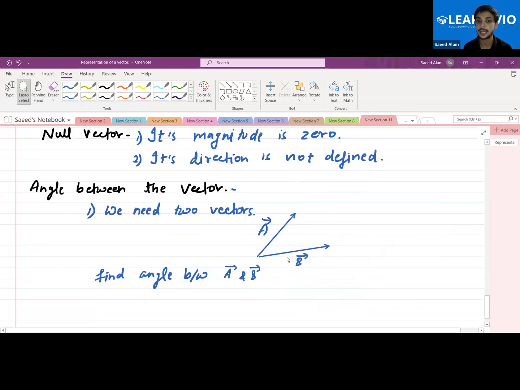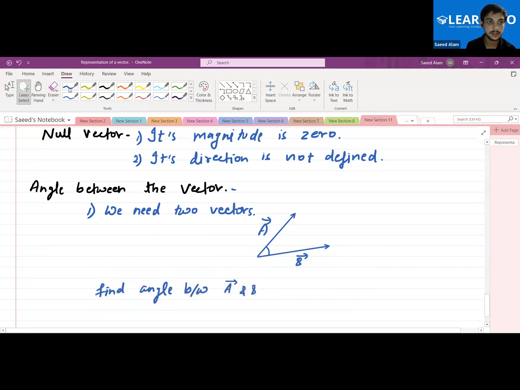Now, because I have joined it, two angles are being formed there. One is this, and the second one is this. Can you see that we have two angles formed here? One is the acute angle that I'm talking about, and the other one is this angle.